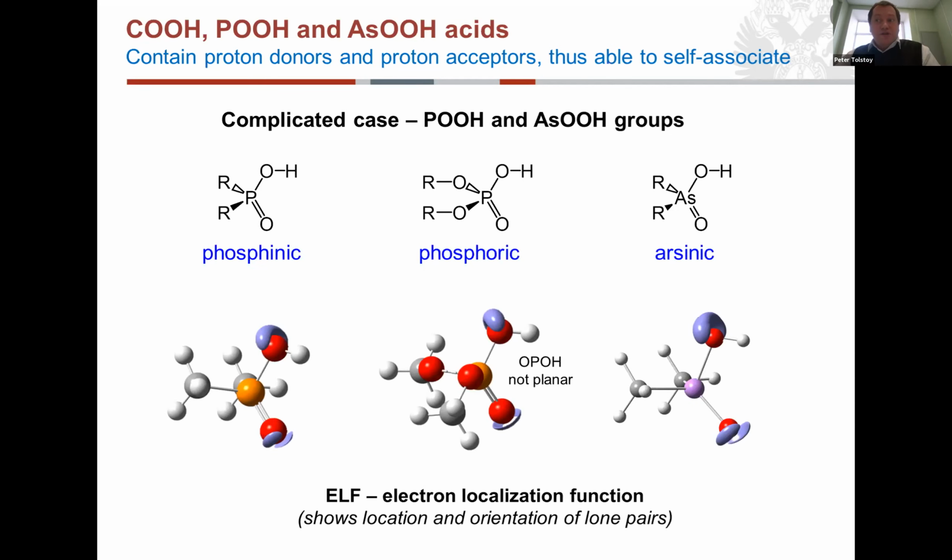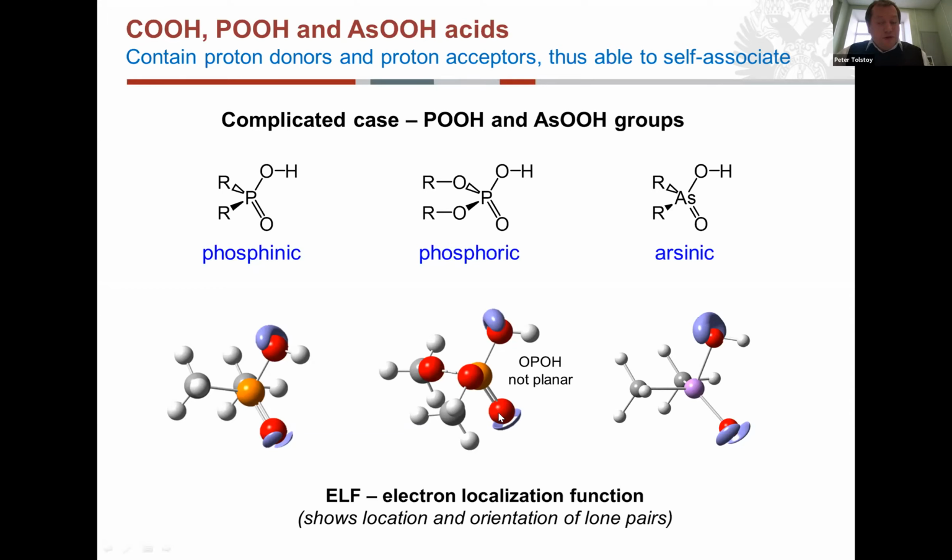Now, the locations of these proton donating and accepting spots can be visualized if one uses the electron localization function, a computational method to visualize lone pairs. And one can see, let's take, for example, the phosphoric acid dimethyl phosphate shown in the middle, that first of all, the OPOH group is no longer planar, the proton looks slightly to the side of the OPO plane.